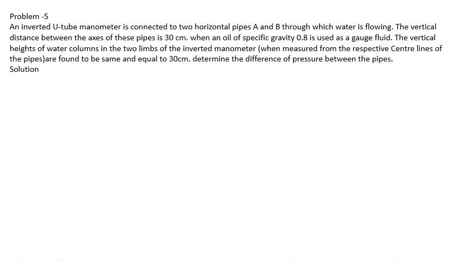When an oil of specific gravity 0.8 is used as a gauge fluid, the vertical height of water columns in the two limbs of inverted manometer, when measured from the respective center lines of the pipes, are found to be same and equal to 3 centimeter. Determine the difference of pressure between the pipes.